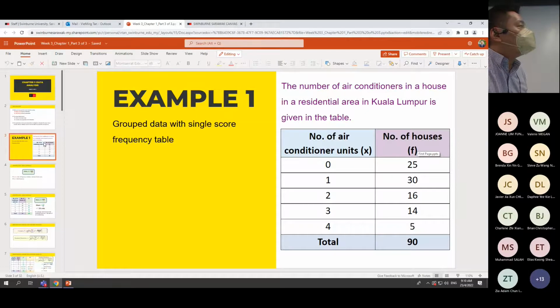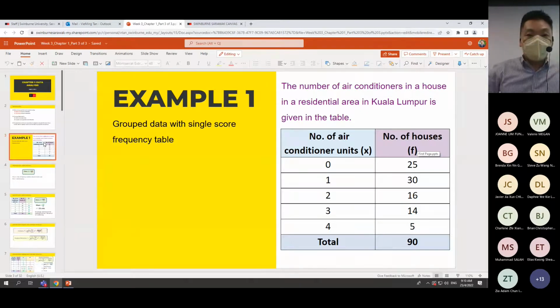According to this table, there are 25 households that have zero aircon, meaning no aircon installed in the house. 30 households have one aircon each, and 16 of the households have 2 aircons at home. 14 of them have 3 aircons, and 5 of them have installed 4 aircons in the house. That's the meaning of the frequency table.